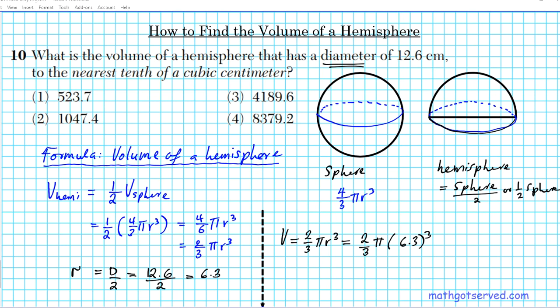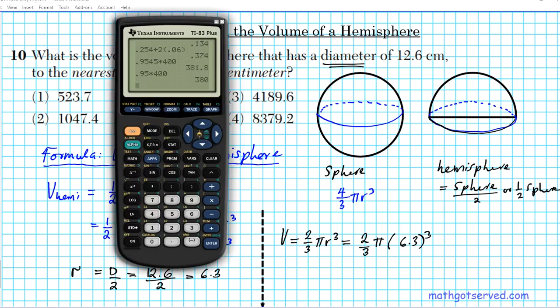Alright, let's fire up our calculators and compute what the volume is. So we have parentheses 2 divided by 3 times pi, second function caret, times 6.3 raised to the third power.